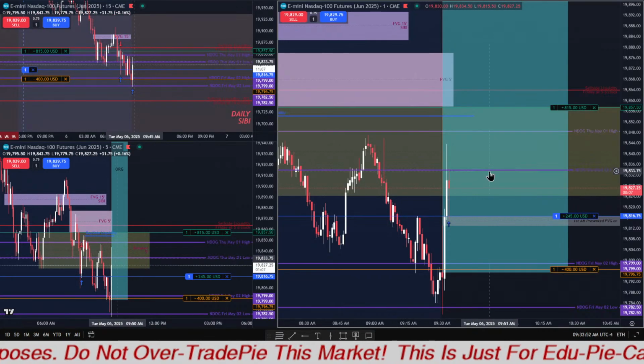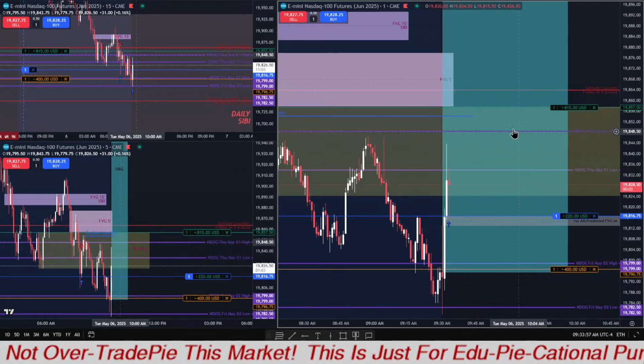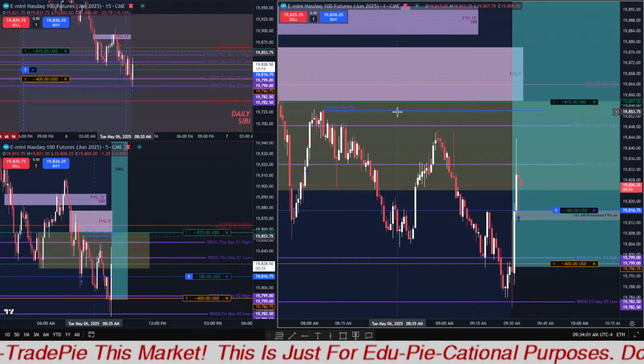And we have this new day opening gap over here, and the buy side liquidity that I aimed for is over here.